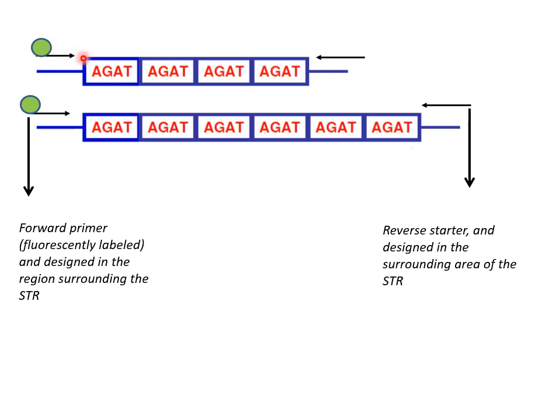The shorter one, because we have 4 repeats here, and the longer one, because we have 6 repeats in this case. So 2 homologous chromosomes and 2 different products. Apart from this, the product will also be fluorescently labeled, because one of the primers, in this case forward, is fluorescently labeled.